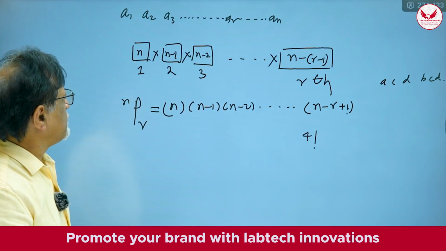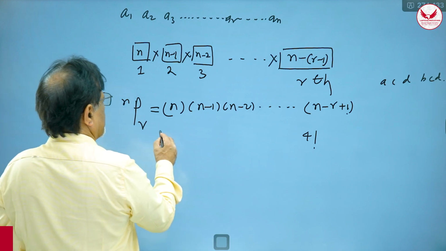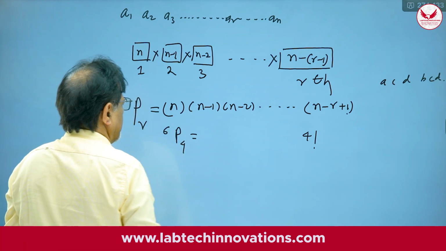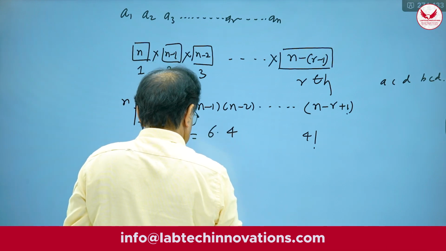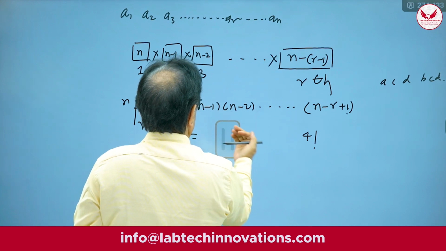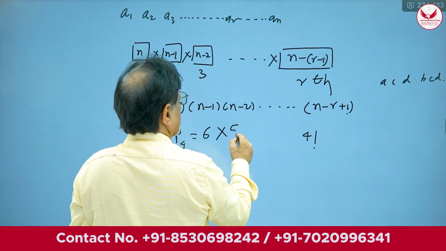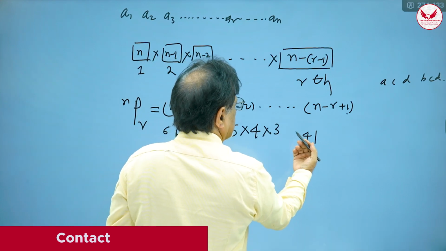So this is how the number nPr can be calculated. For example, if I want to calculate 6P4, fine. Start with 6, go backward. How many times? 4 times, exactly. So that means 6 multiplied by 5 multiplied by 4 multiplied by 3, correct?